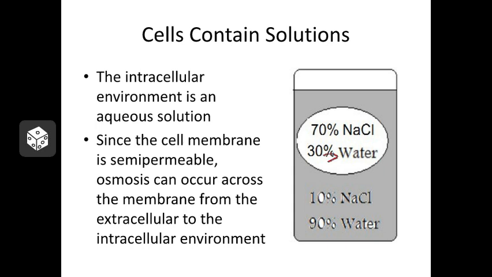So the intracellular will be your hypertonic environment, and the extracellular will be the hypotonic environment. Water moves from hypo towards hyper, so in this case, water is going to try and flood through that membrane and fill up that cell. If the situation were reversed, the water would leave the cell. The cell would get dehydrated because the hypertonic solution outside would pull that water out.